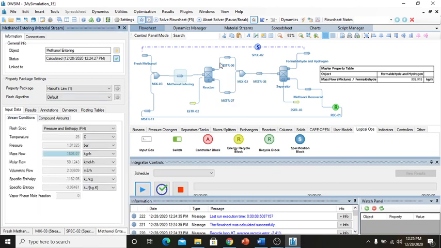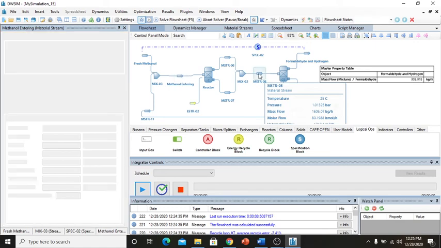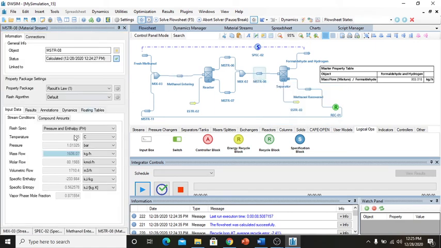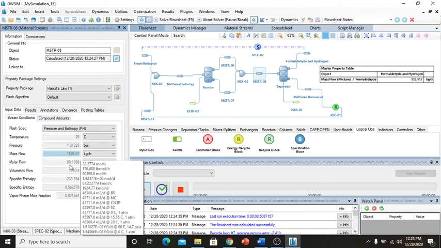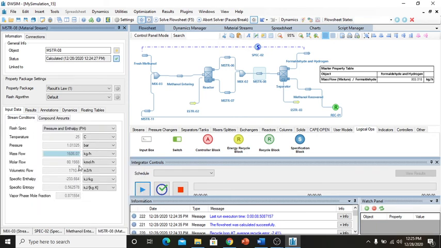Then the methanol that goes out from the reactor is 0.25 of 80.1988 kilomoles per hour, so that is 20.0497 kilomoles per hour of methanol that leaves the reactor.